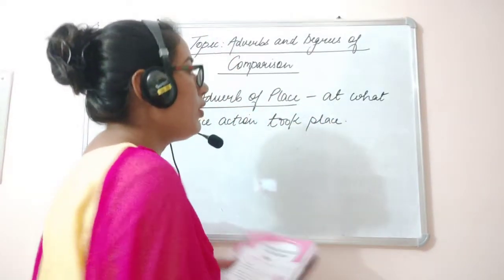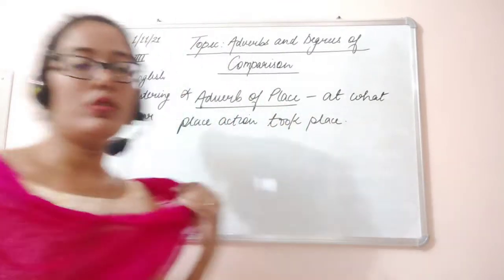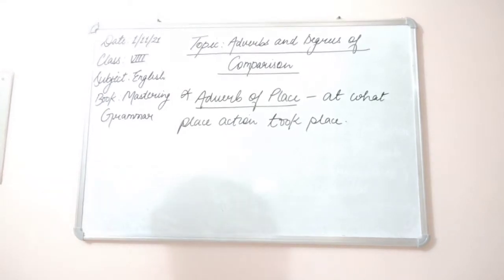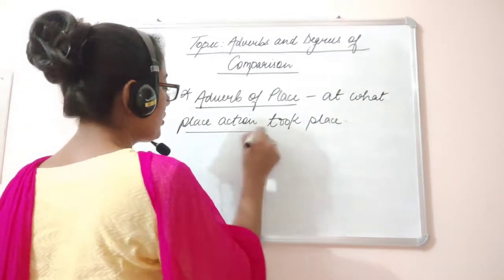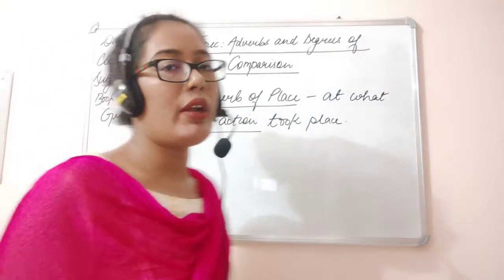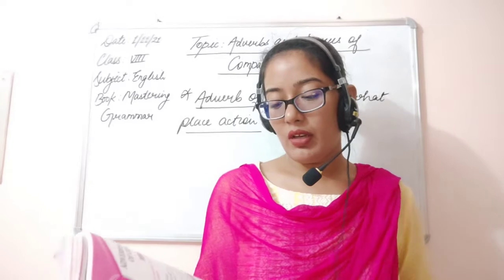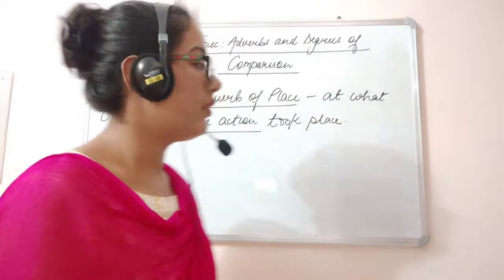In adverb of time, you are talking about the time of action, and here you are talking about the place of action. ठीक है, किस जगह पे, at what place the action took place, and in time, at what time the action took place. Okay, now here you get the answer from where.